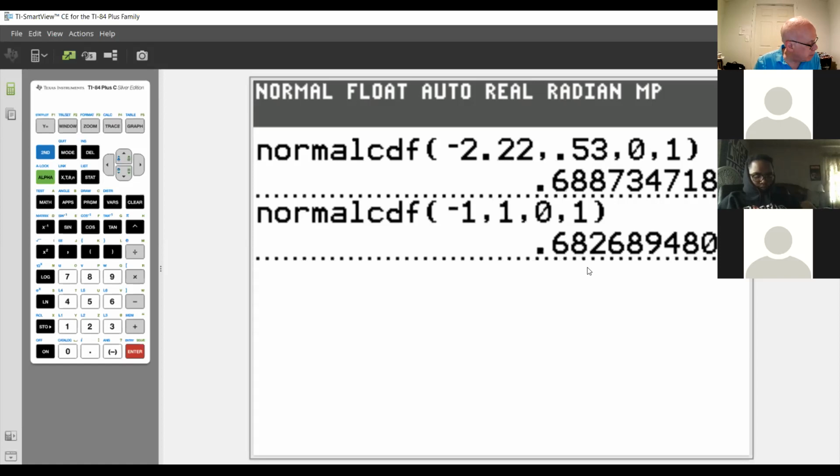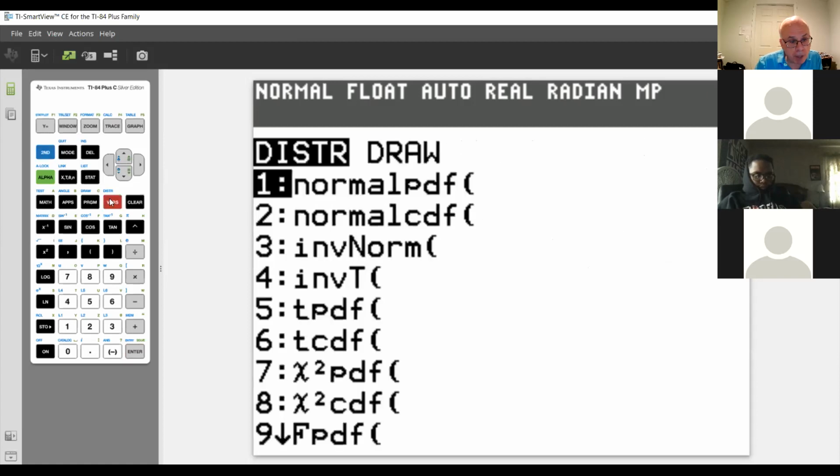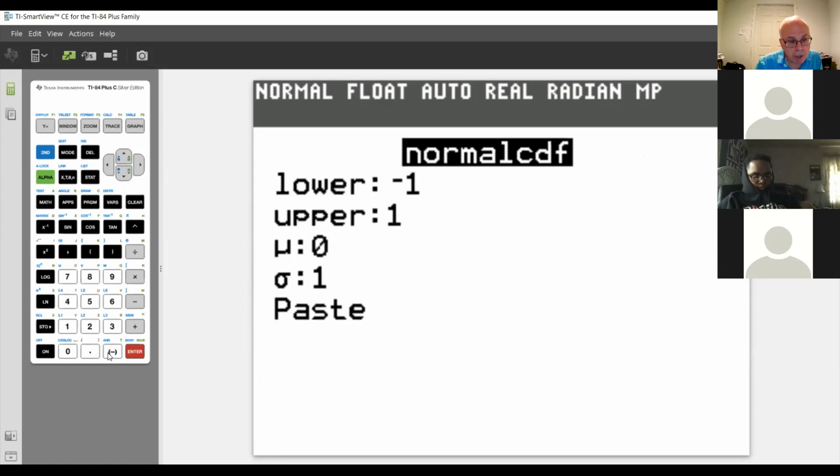All right. And then let's look at the last one. It says between negative 4 and positive 4 for the standard normal. We would expect almost 100% of the area of the curve to be between those two values. Let's see what our calculator gives us.